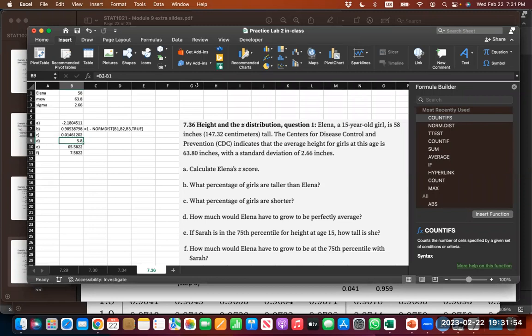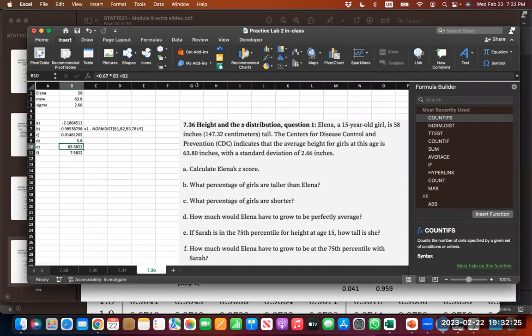So now with C, we have what percentage are shorter. How much would Eleanor have to grow to be perfectly average? So that's the mean minus Eleanor, so that's 63.8 minus 58. If Sarah is in the 75th percentile for height at age 15, how tall is Sarah? And that's where Sarah joined the body. If she's at the 75th percentile, we have a z-score of 0.67.